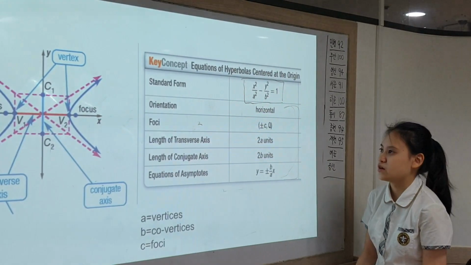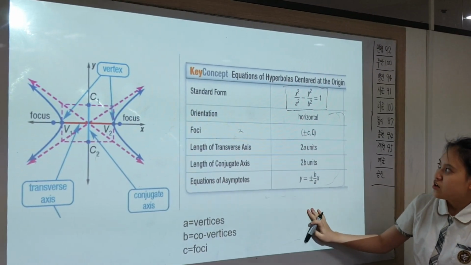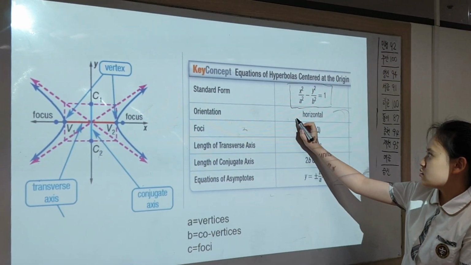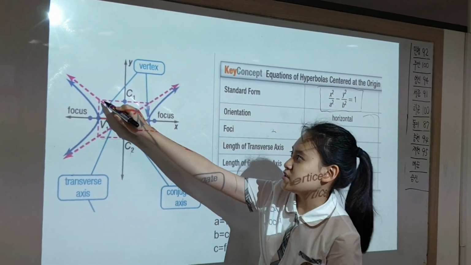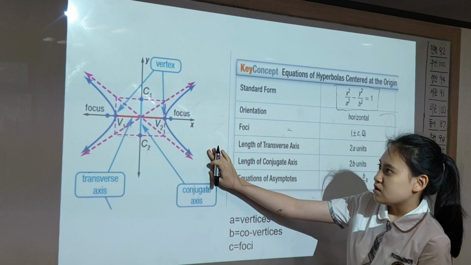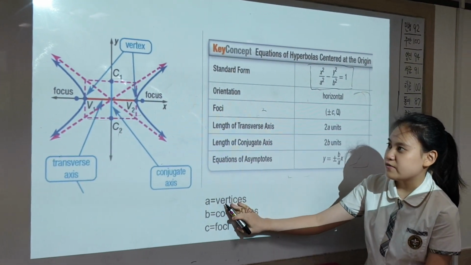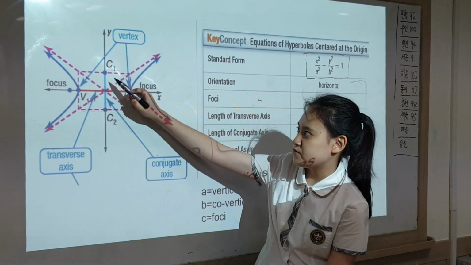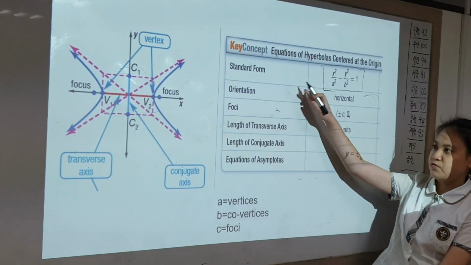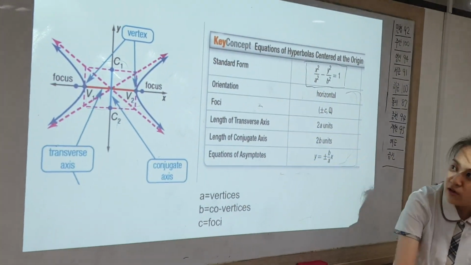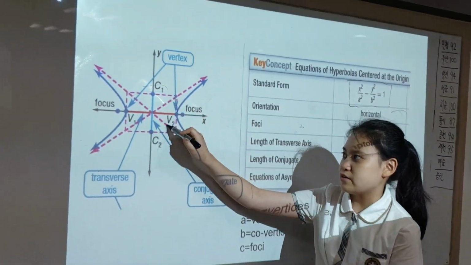all this formula. So first of all, orientation, you can think of it as a direction. The best way to determine it is to look at this square. If the square is towards horizontally, then the orientation will be horizontal as well. And if the square is towards vertically, then the orientation will be vertical as well. So for example, from here this is horizontal since it's longer on the right and left side.